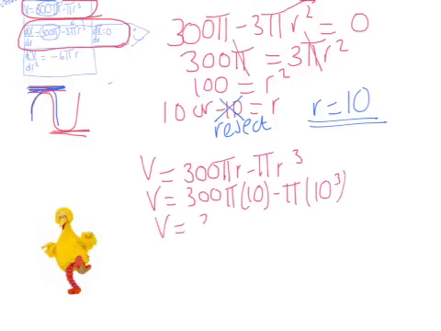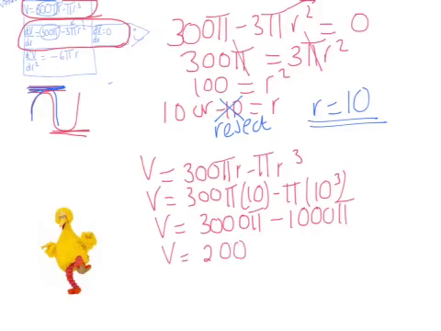So my volume is 3,000 pi minus, what's 10 cubed? Minus 1,000 pi. So I reckon the volume is 2,000 pi. And I don't know what my units are. Maybe it's centimetres cubed.